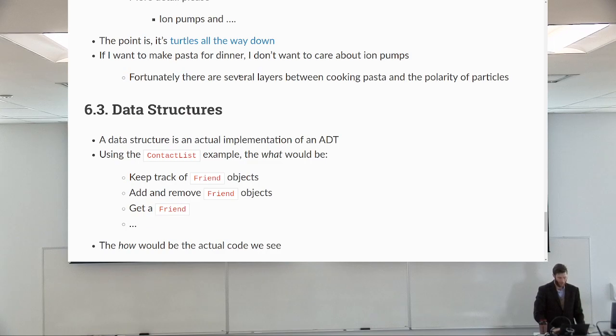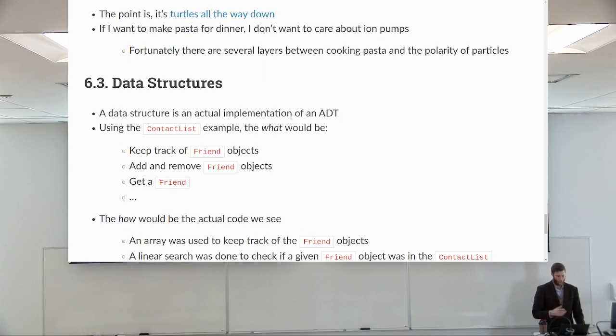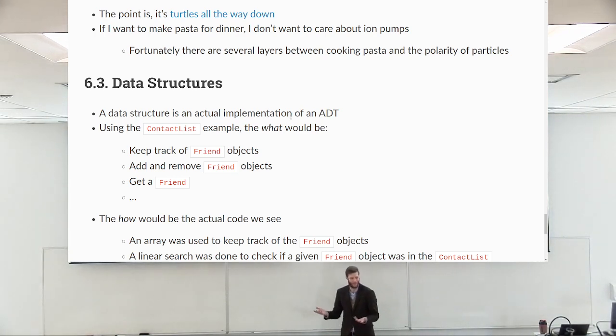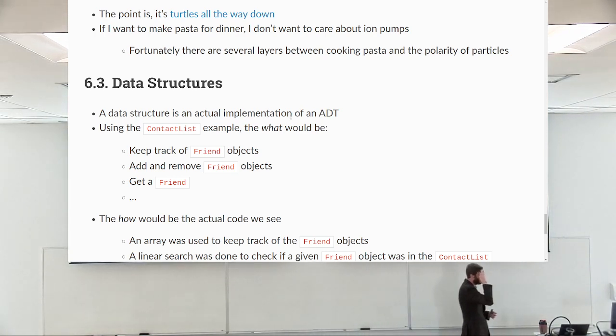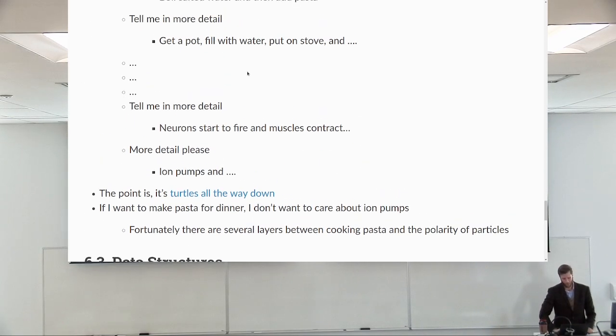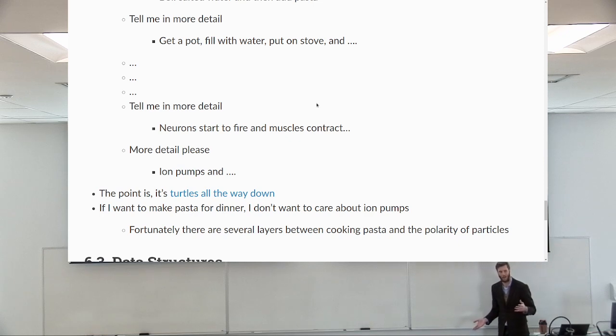All right. Yeah. Turtles all the way down. Anyone ever hear that expression before? Whatever. It's an expression. That means you can always keep going. Turtles all the way down. Anyways, whatever. It doesn't matter. I could play this game with cooking pasta down to neurons firing in your arms, or ion pumps moving ions that are charged to help the neurons.